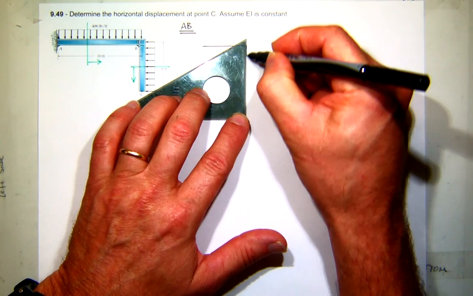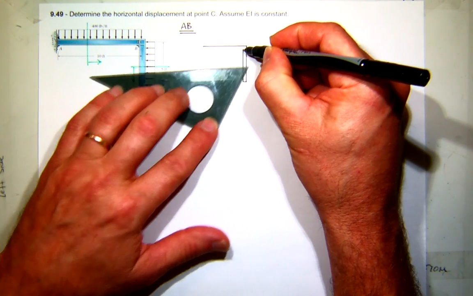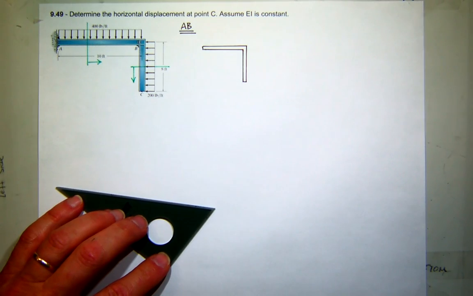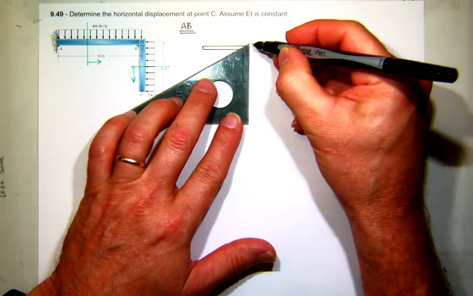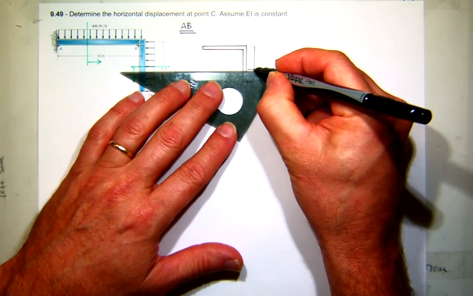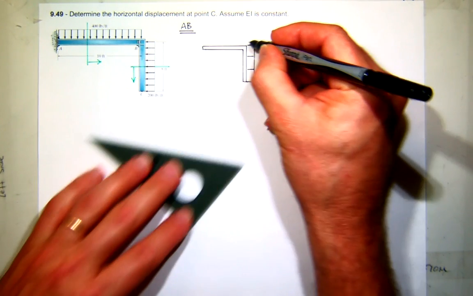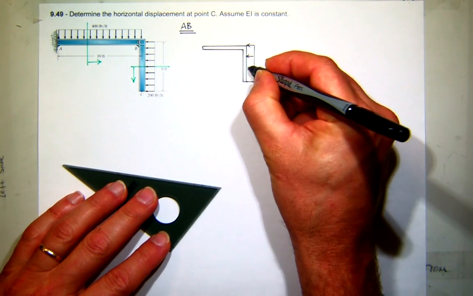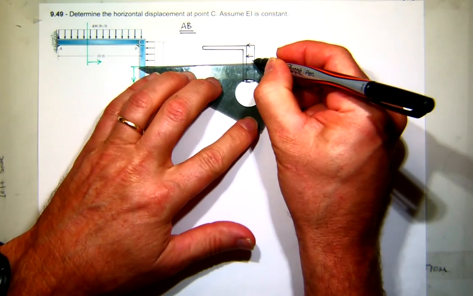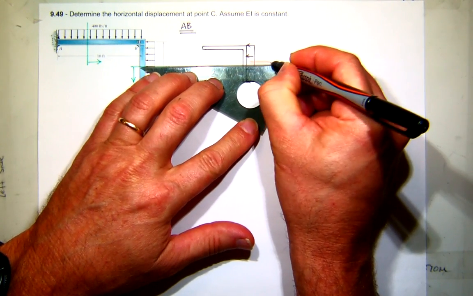So let me kind of sketch it in. So I've got a distributed load here on the end. But I can easily replace that with a concentrated equivalent, which I will.